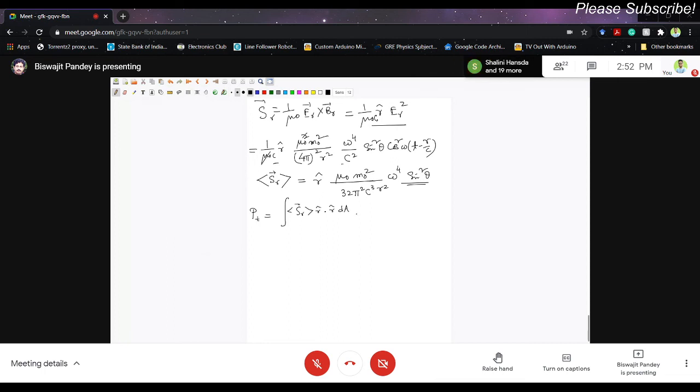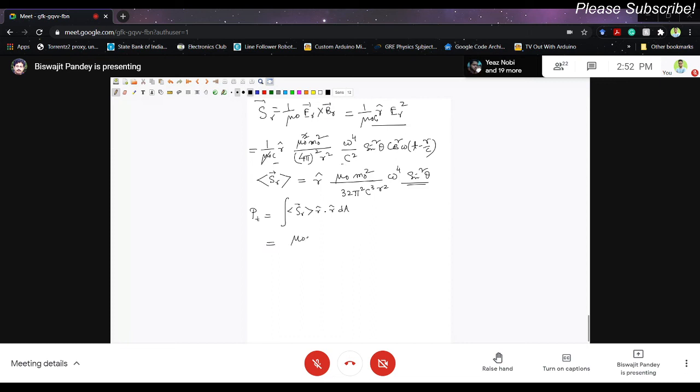dA is r square sine theta d theta d phi, r square gets cancelled, sine square theta and sine theta give sine cube theta, and d phi gives you 2 pi, and if you integrate sine cube theta over 0 to pi, you get 4 by 3. So I'm just putting the values here, not repeating the same thing again and again.